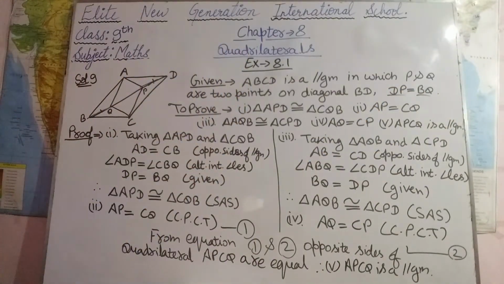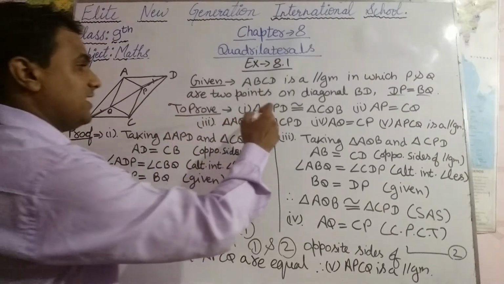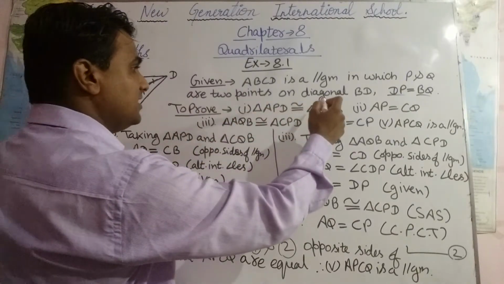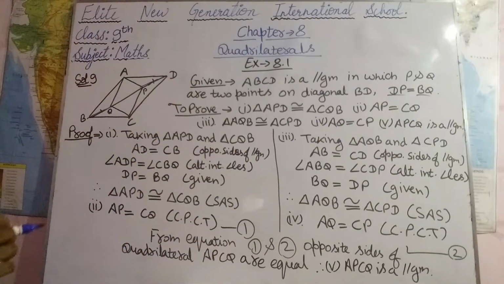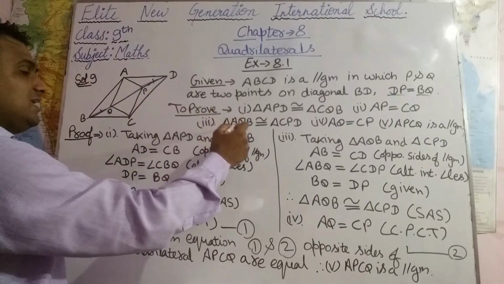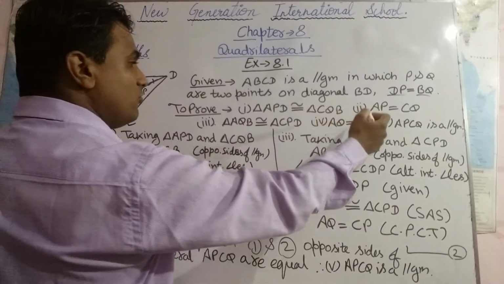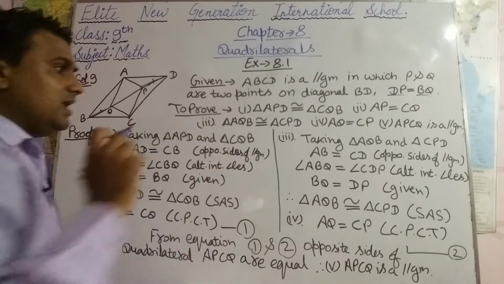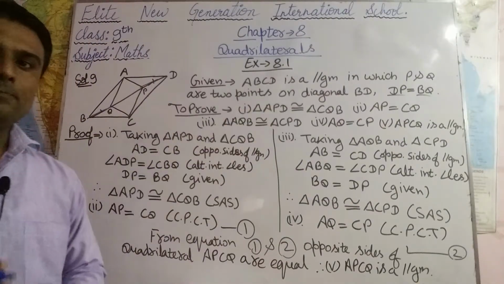So all this we have been given. Now what to prove? Here we have to prove first triangle APD congruent to triangle CQB, then second AP equal to CQ, third triangle AQB congruent to triangle CPD, fourth AQ equal to CP, and fifth APCQ is a parallelogram. So these 5 things we have to prove.